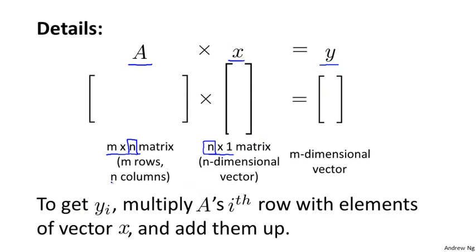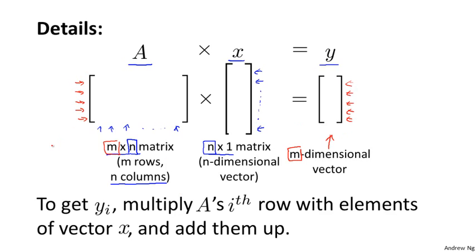In other words, the number of columns in this matrix, n columns, has to match the number of rows here, or the dimension of this vector. And the result of this product is going to be an m-dimensional vector y. So the number of rows here, m, is equal to the number of rows in matrix A.